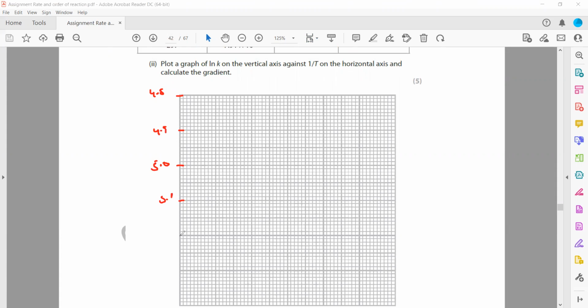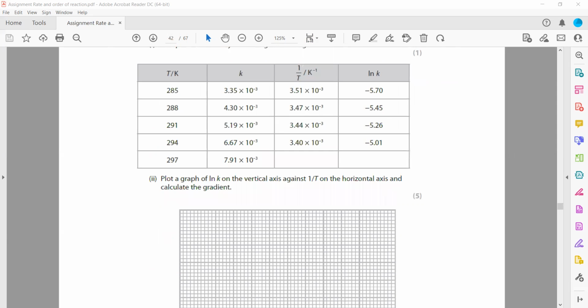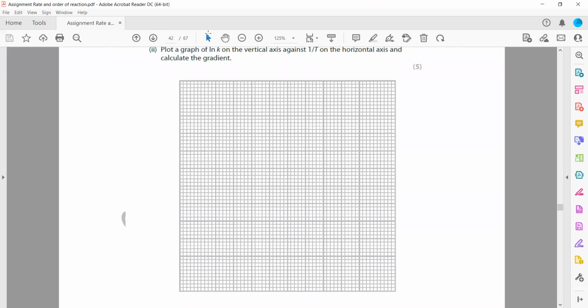I'll try to cover, but this won't cover 5.2, 5.3, 5.4, because the maximum value I have is 5.7.